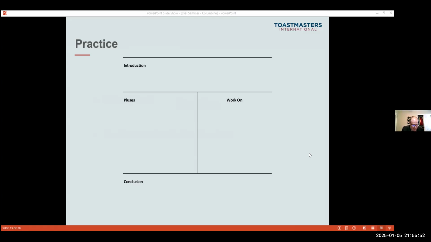Now, one thing I want to emphasize is that you're going to take a lot of notes, ideally, especially on the speech part and the pluses and the work-ons. And we're going to talk about this in the presentation, but I just want you to remember, you don't have to cover everything that you write about. Pick the 2 or 3 that you think are most important.